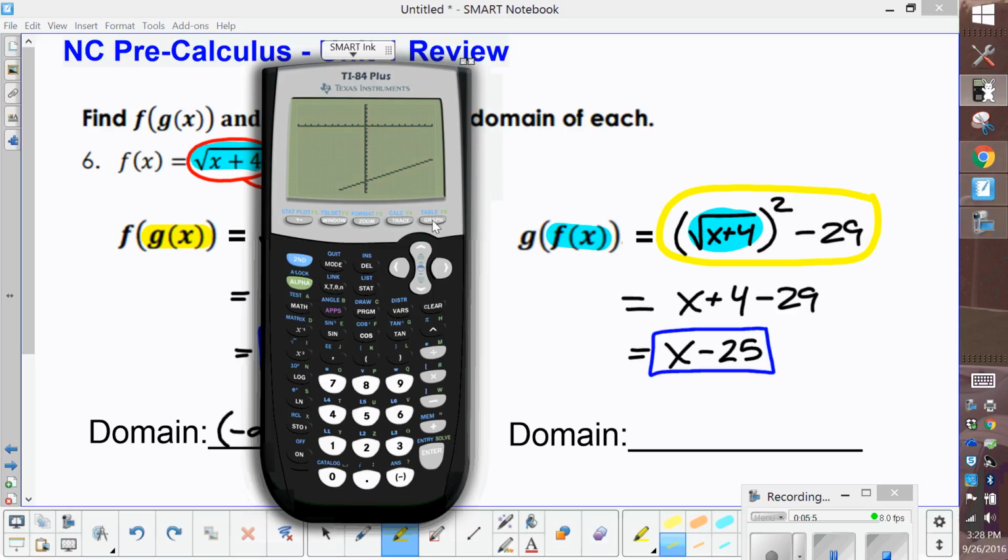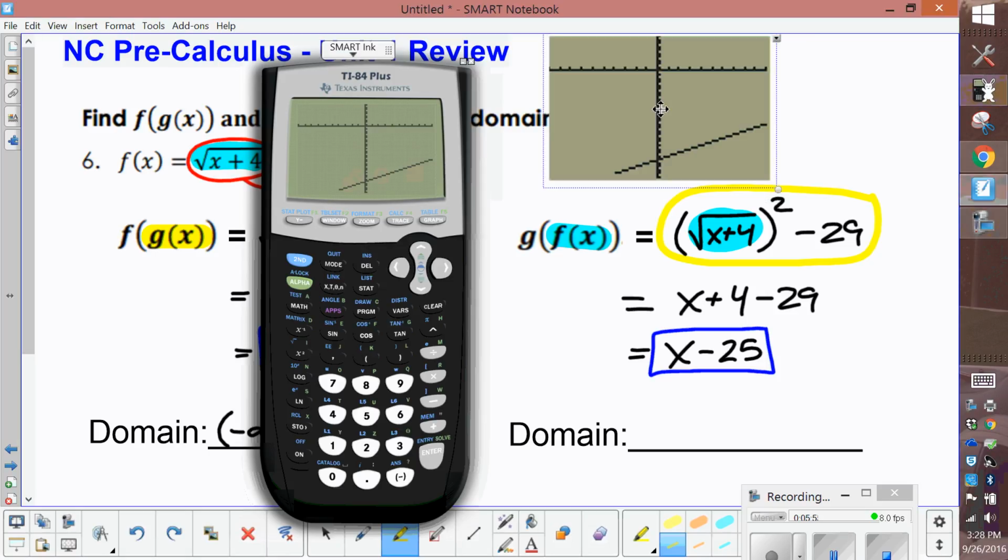But I do notice, I'll pull this off here so I can write on it, that it has a stopping point right here on my graph, which is a little odd. The reason is that I can't have negatives, so it likes negative 4 for an x value, but it doesn't like anything less than negative 4. Negative 5 is no good, negative 6 no good.